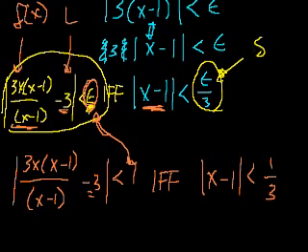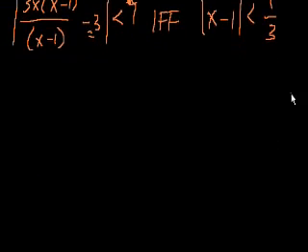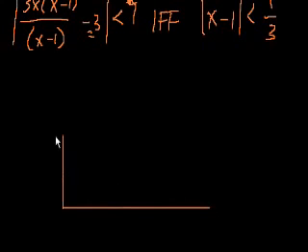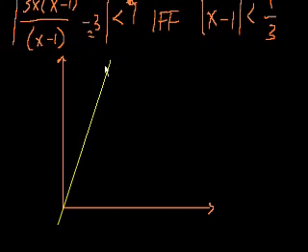And that actually makes a lot of sense if you graph this equation. Let me draw the x-axis, y-axis. We already established this thing looks just like the equation of 3x, except it has a hole at x equals 1. So let me draw the graph. It'll have a slope of 3, so it'll be pretty steep. It'll look something like that.